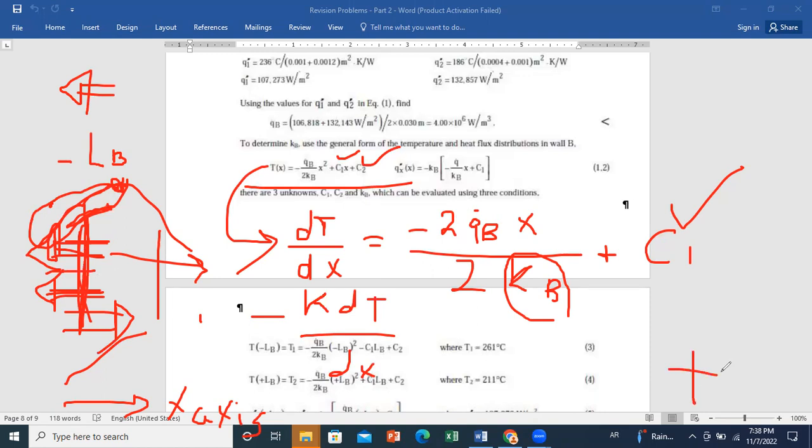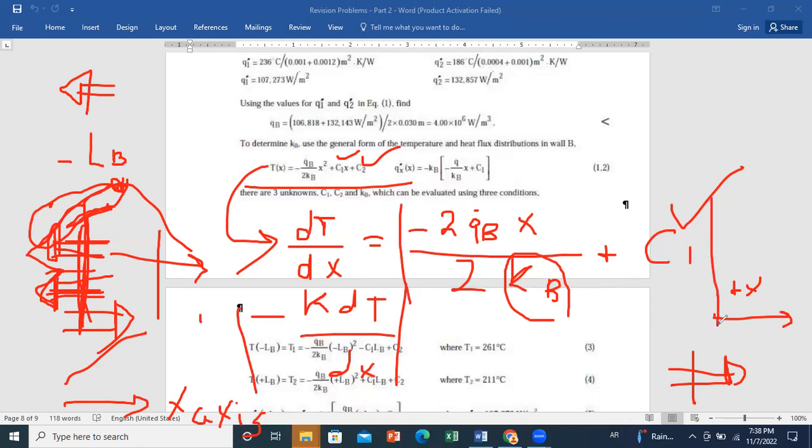Always, if this is the positive x direction, when you take the flux along positive x, you put minus k dT/dx. But because we reversed it here, we know that the heat flux is going in this direction, so you can take the absolute value of minus k dT/dx.